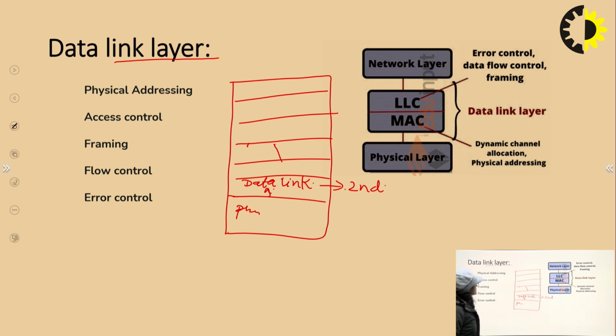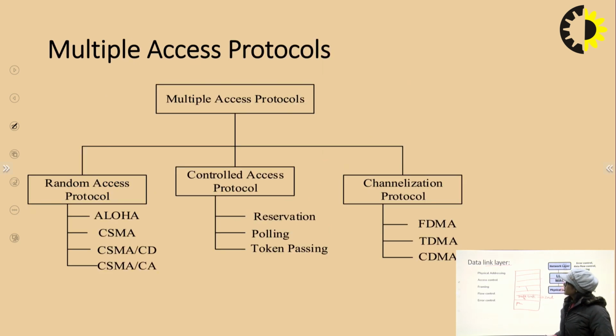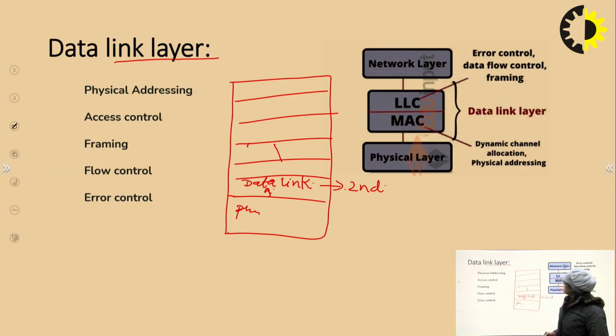First one is physical addressing, because the data link layer is divided into two parts: media access control and logical link control. Media access control is the main topic we are discussing today.